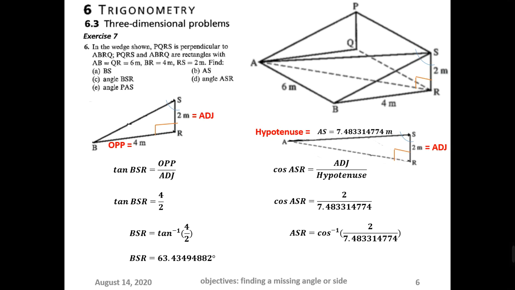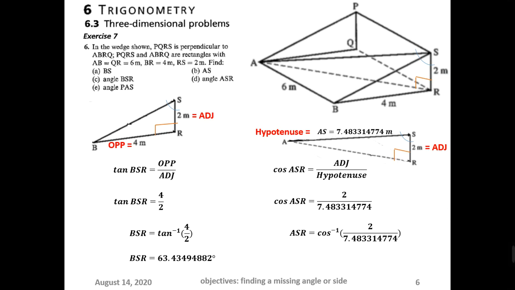the cosine inverse will show up with an open bracket. Put the fraction sign, and in the upper box of the fraction you write the 2, and in the lower box of the fraction you write the 7.48. Close the bracket and then press equal.